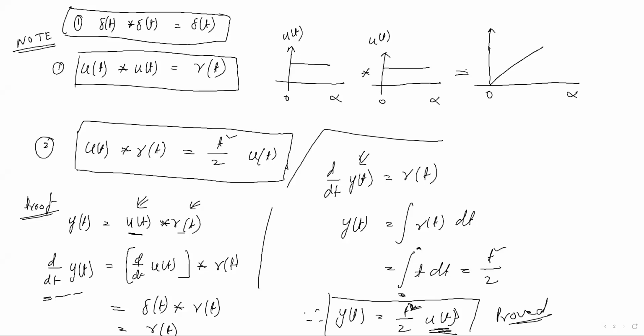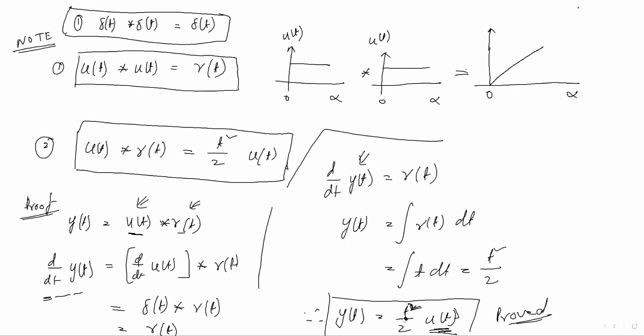It exists for 0 to infinity, but the parabola may exist for negative time also. Since we are not taking limits here, we are taking only the positive time duration part.